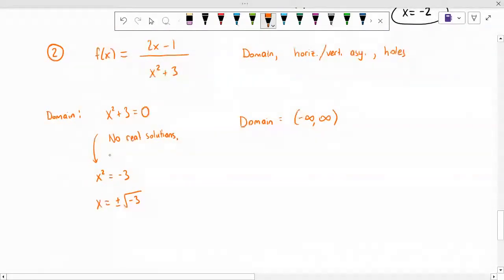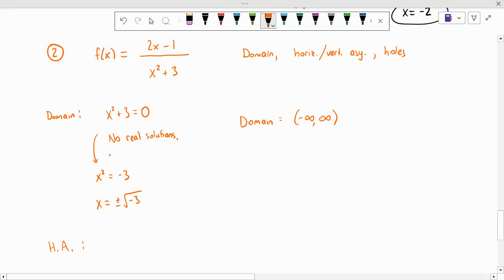All right. What about the horizontal asymptote? Okay, so for rational functions, remember that you can find the horizontal asymptotes by looking at the degree of the numerator and denominator.